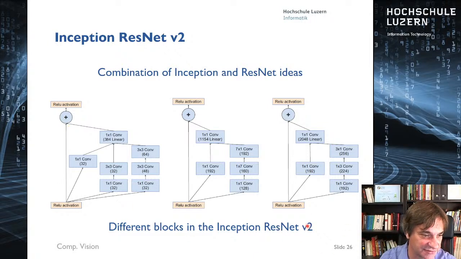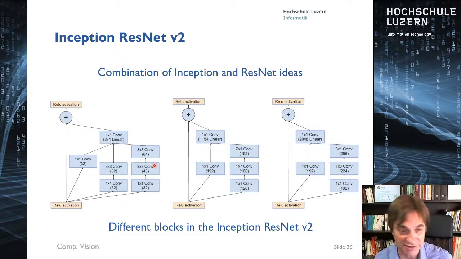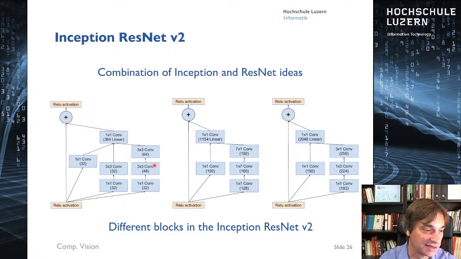For the Inception-ResNet, they used somewhat different building blocks. For example, instead of the 5x5 filters they had before, they also used combinations of two 3x3 filters instead of a 5x5 filter, which has the same input receptive field. Or they tried separable filters.